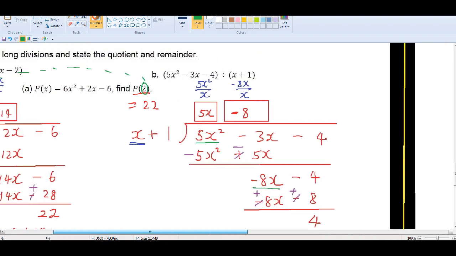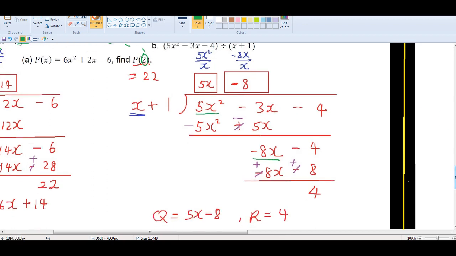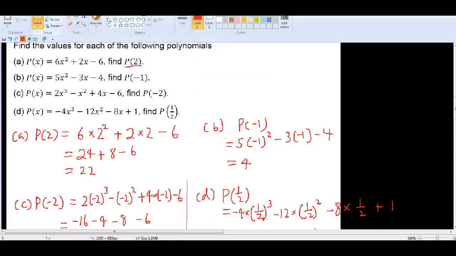How about the next one? The next one, 5x squared minus 3x minus 4, divided by x plus 1. What's the remainder? So remainder is here, 4. Let's see what happens for our second question here.